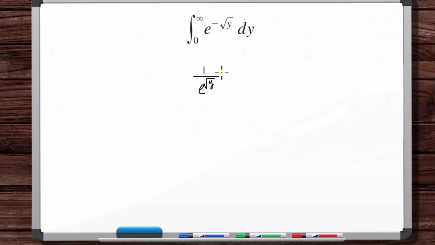So this is fully continuous from 0 to infinity. E to the minus square root of y is continuous. So with that, we know that we have strictly a type 1 improper integral. That's it. So this is the limit as t approaches infinity of the integral from 0 to t.